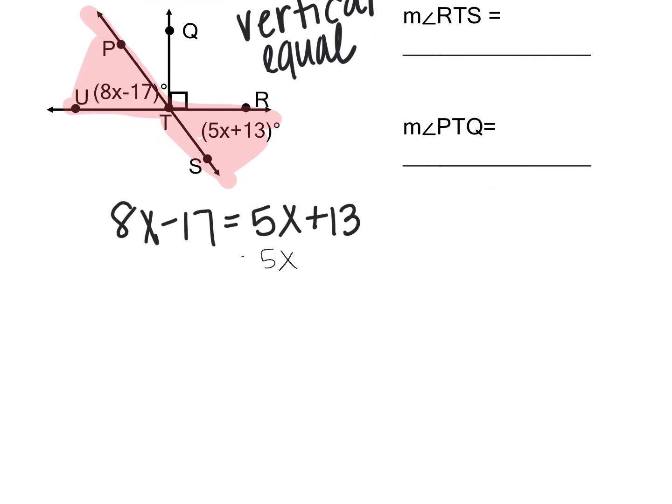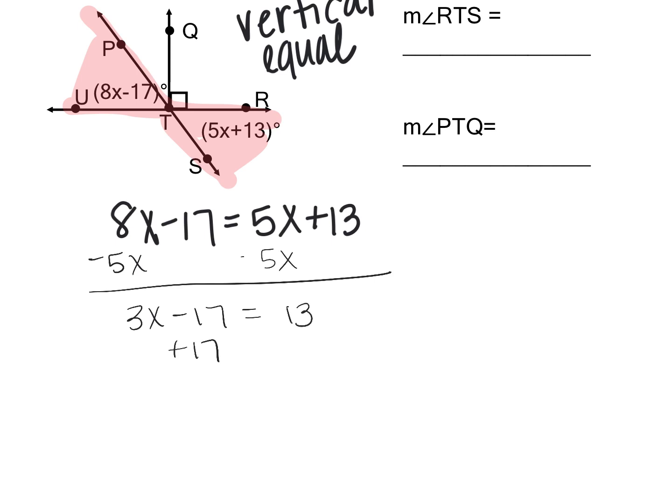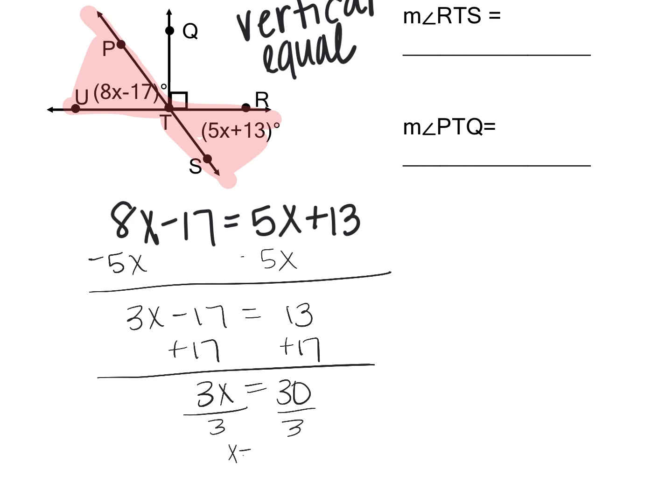Subtract 5x from both sides. 3x minus 17 equals 13. Add 17 to both sides. 3x equals 30. Divide by 3. X equals 10.